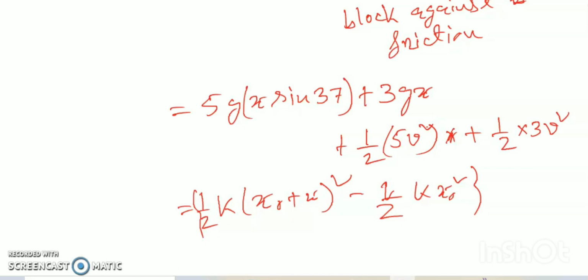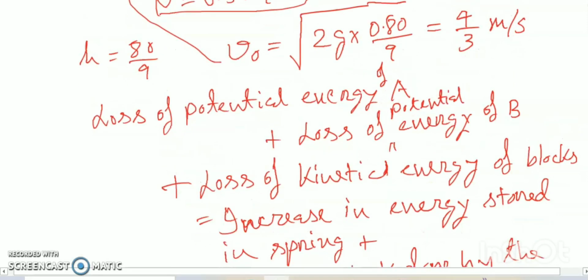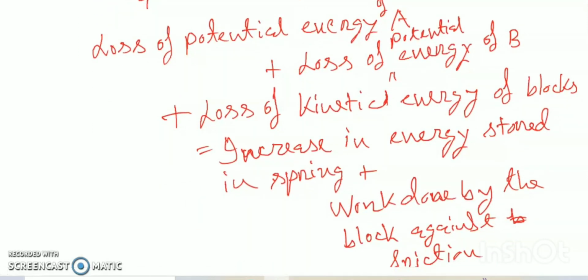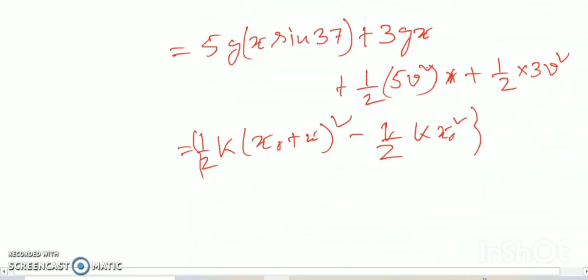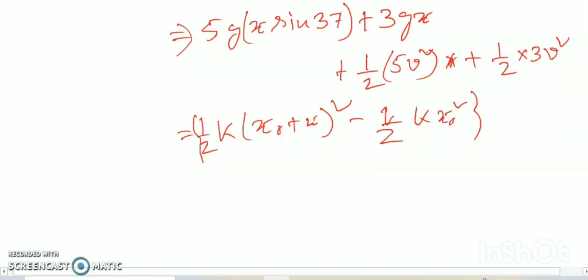Now friends, I use this formula. You see that loss of potential energy of A and loss of potential energy of B plus loss of kinetic energy of blocks is used because this question is very important for IIT JAM, IIT and other examinations. So friends, x0 plus x plus mu N x.